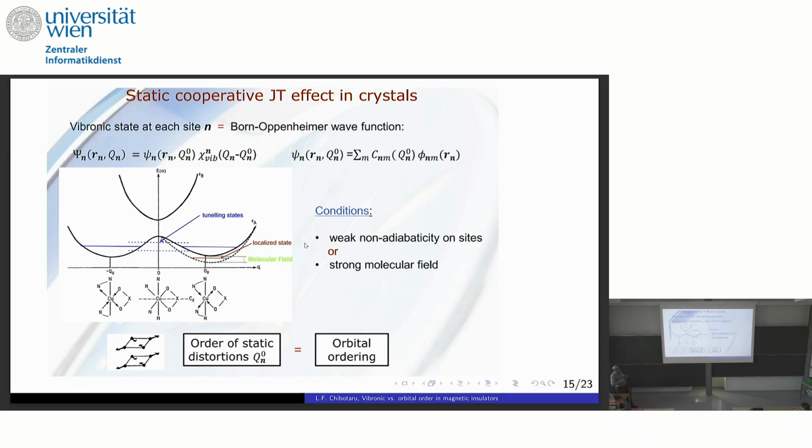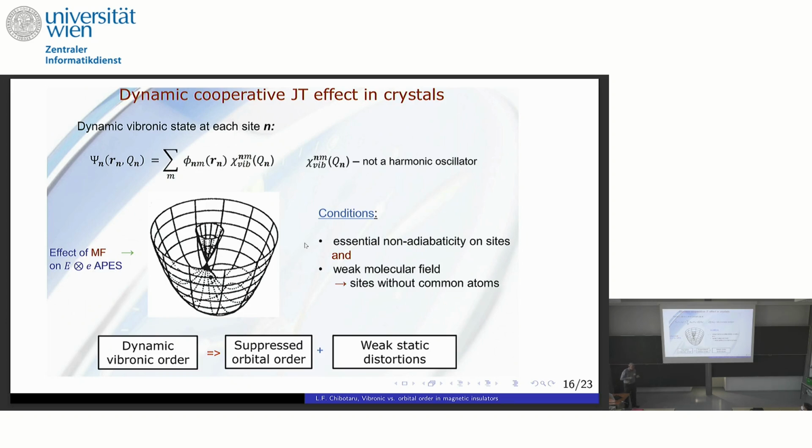In this case, again, you have Born-Oppenheimer separation of electronic and vibronic motion. Here you have an orbital state. And vibrations are just an oscillator at the bottom. And then we can talk about orbital ordering, and you have static distortions of the order of the minimum in this adiabatic potential surface.